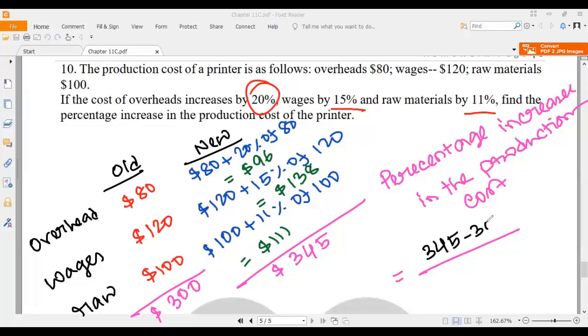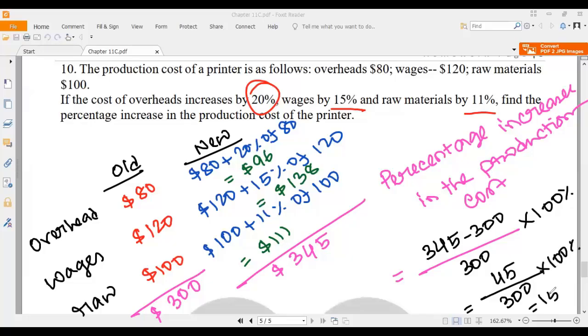That is 300. And we can also say that the value has been increased from the old value. So the change divided by 300, multiplied by 100%. That is the formula for percentage change: percentage change equals change divided by original amount, multiplied by 100%. Just solve it normally and we will get our answer. Here we get 45 by 300 multiplied by 100%. Calculating this one, we get 15%.